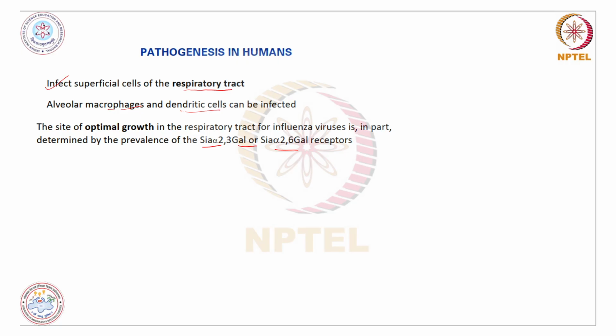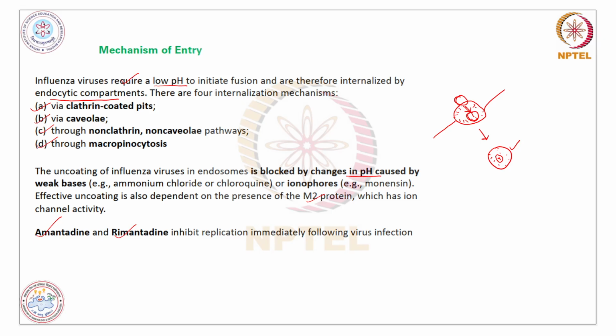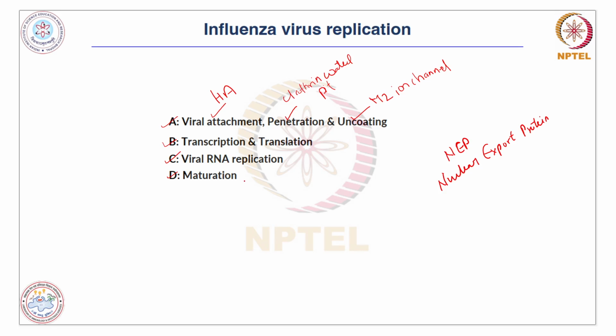So there is a role of this neuraminidase again. It is responsible for virus budding off. When it comes out, neuraminidase is responsible for cleaving this terminal sugar, the sialic acid, from here. So at maturation, neuraminidase will play its role.